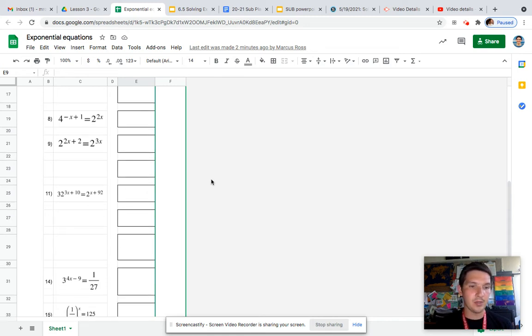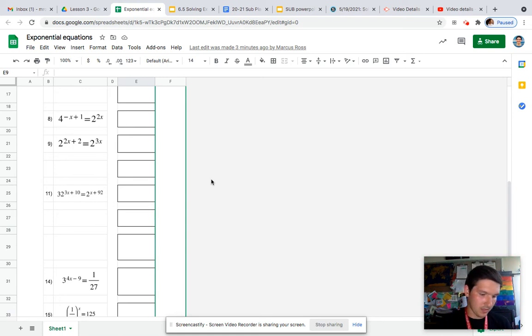Number 11, 32 to the 3x plus 10 equals 2 to the x plus 92. So I know that 2 times 16 is going to be 32. So I can do 2 to the, what's that going to be? 2, 4, 6, 8.